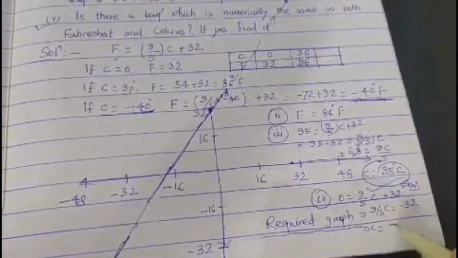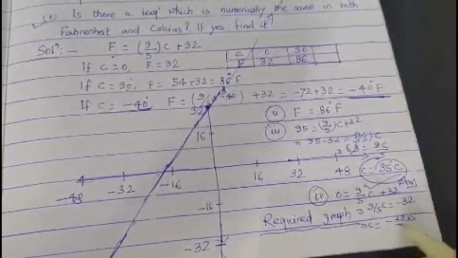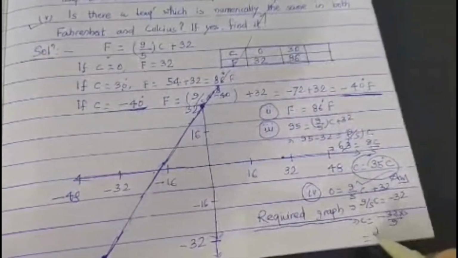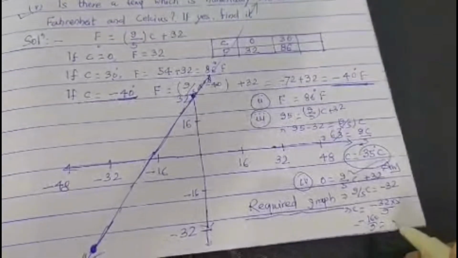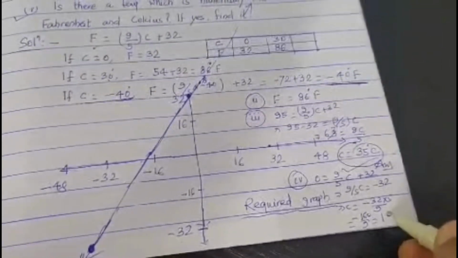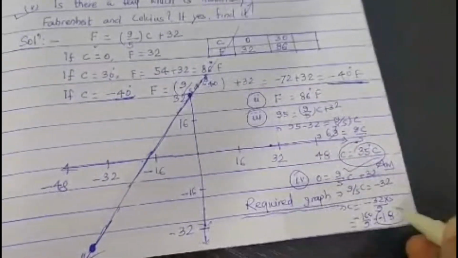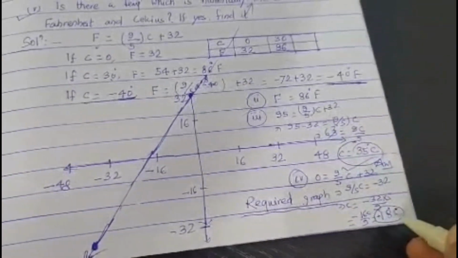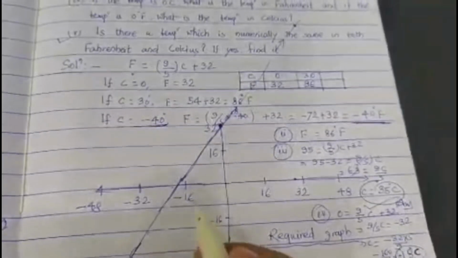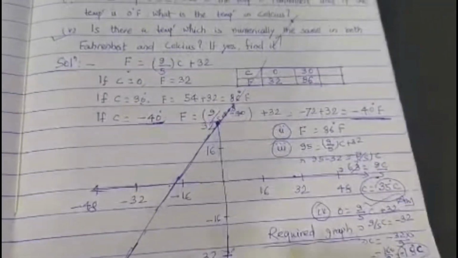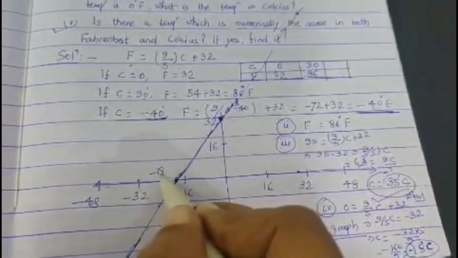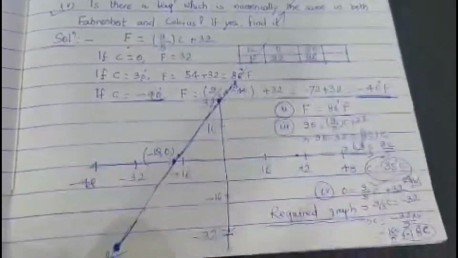This implies C equals minus 32 into 5 by 9, that is minus 160 by 9, that is almost minus 18 degrees C. So when Fahrenheit is 0, then Celsius will be almost minus 18.